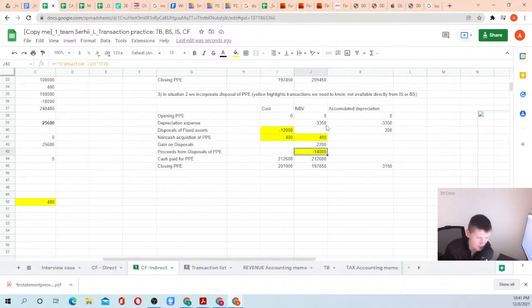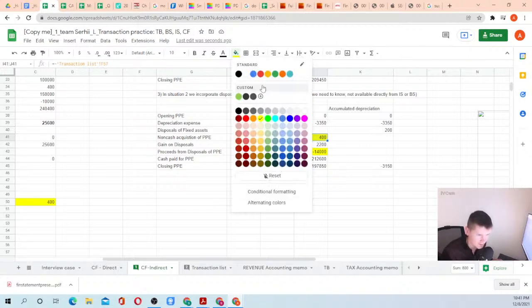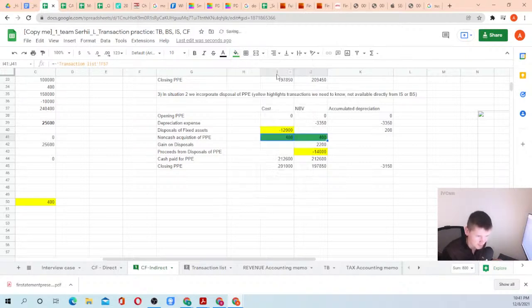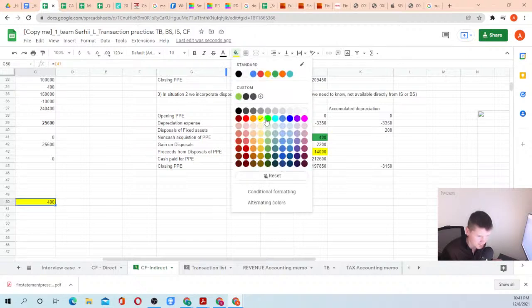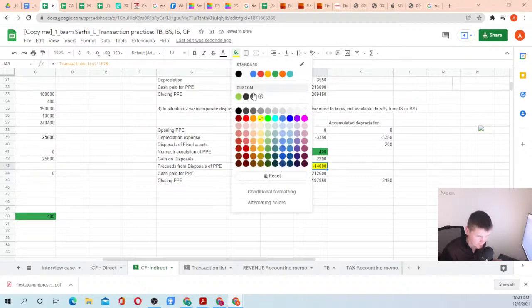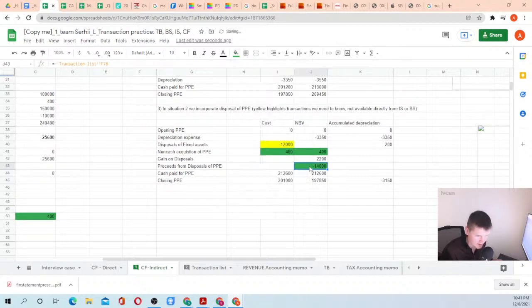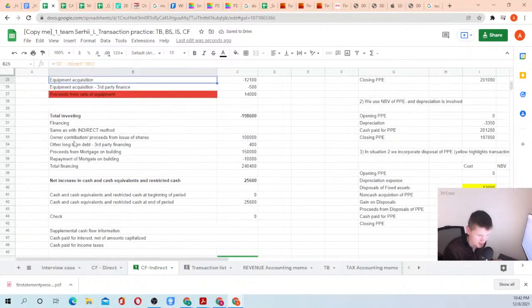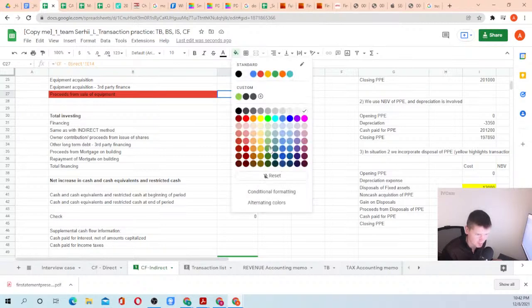We will have to know that. So let's highlight it by green, I would say. Let it be very dark green. And we have to know that information regardless, because we have to show it in our cash flow.